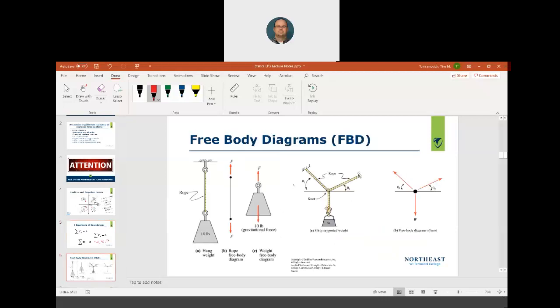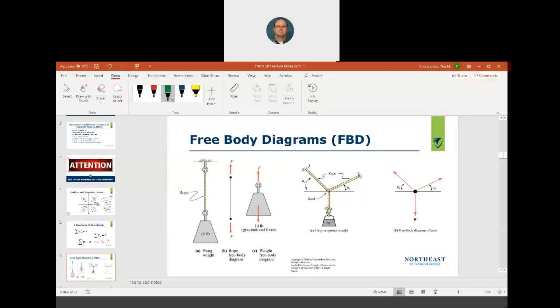Okay, so let's talk about free body diagrams. If we look at this weight being hung by a rope, ropes and cables can only support tension. Would you agree? How do I know this rope is in tension?